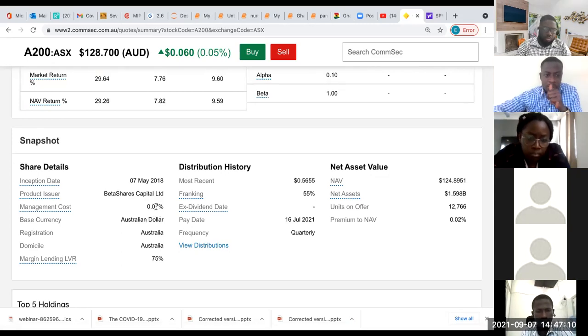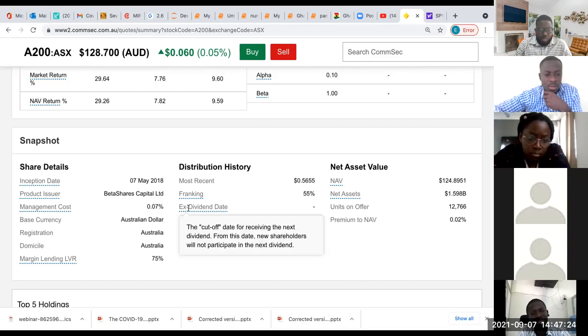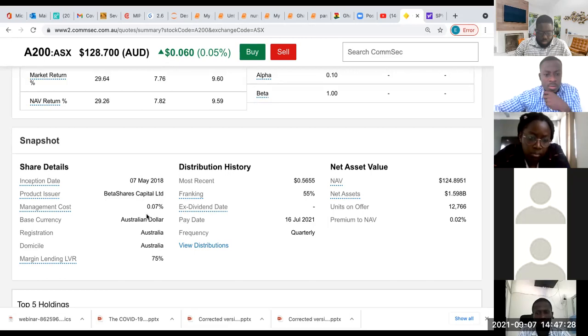There's not 1%. Do you know what this figure is? 0.01 is 1%. That's 0.07%. Okay, so this is not even 0.5. It's less than half of a percent. It's less than 1/10 of a percent.